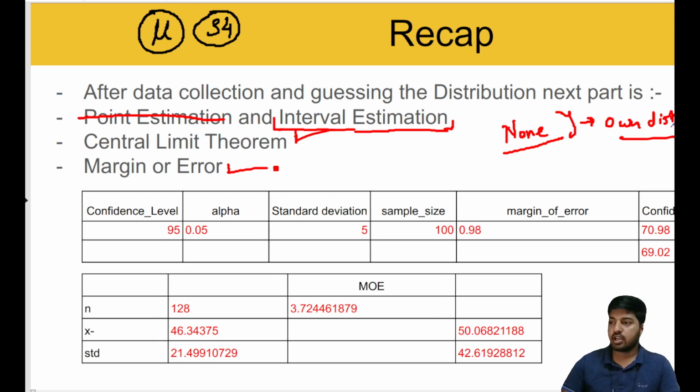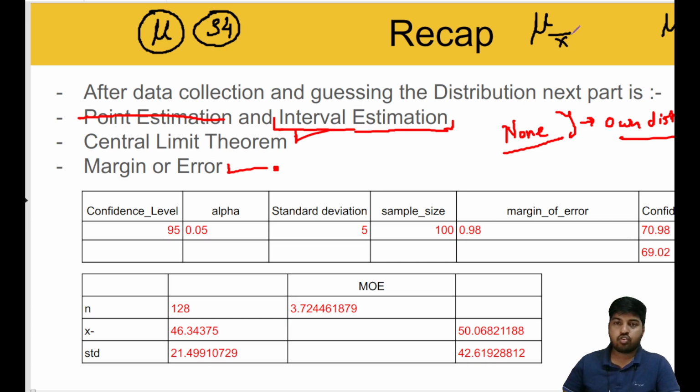So normally you are going to select some few people randomly, and then calculate the average age. So that is our x bar. What is x bar? Sorry, this is the sample mean.